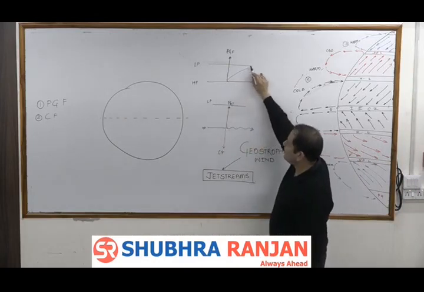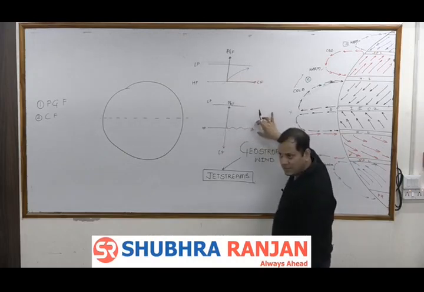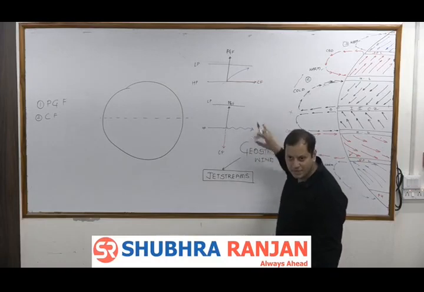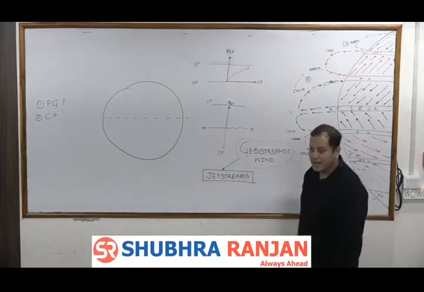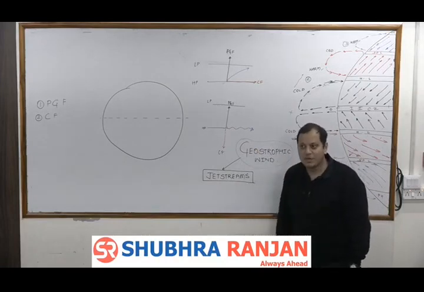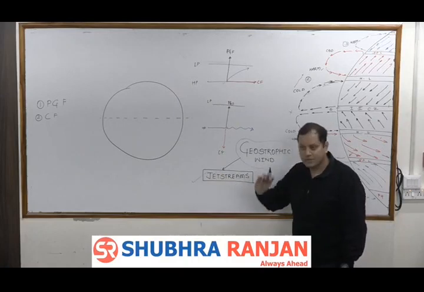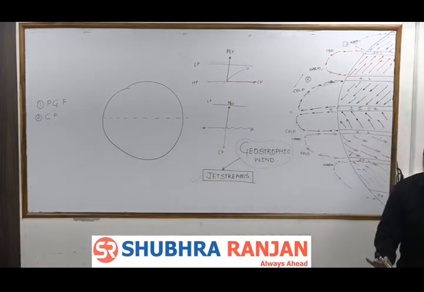Unlike more or less perpendicular to the isobars, wind is now flowing parallel to the isobar. So any wind which flows parallel to the isobar is known as geostrophic wind. And the topic which we are going to study, jet streams, is an example of a geostrophic wind. यहाँ तक समझ में आया? Jet streams नहीं समझ में आएंगे, geostrophic wind समझ में आया?